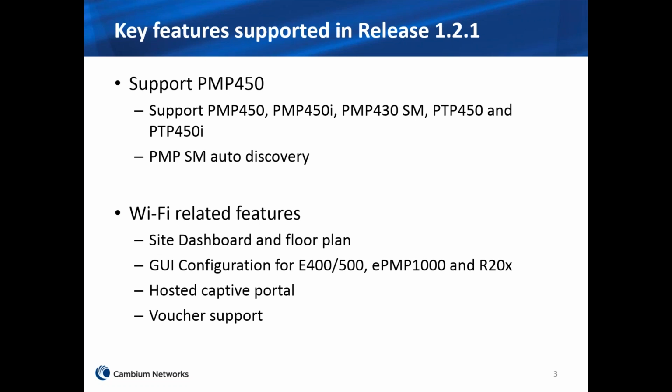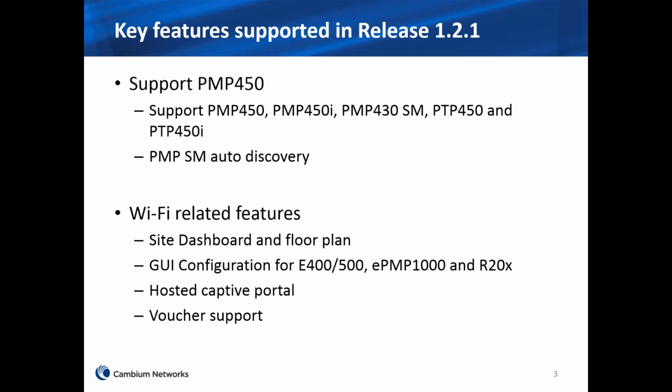There is another feature we added in this release. It's called PMP Subscriber Module Auto Discovery. It means that once you have the PMP AP onboard, either using the static URL or the DHCP options, all the subscriber modules under the AP will automatically onboard, and you just need to click approve.